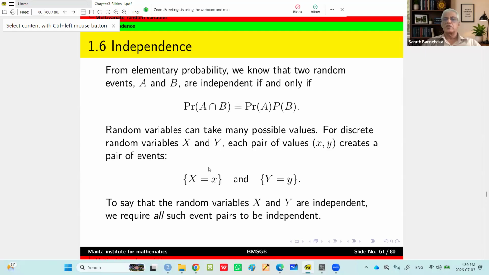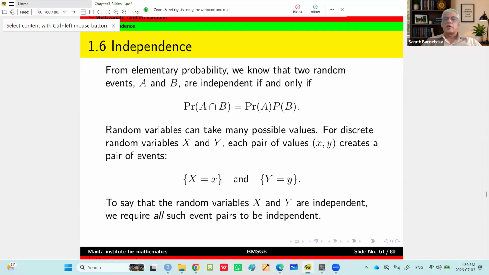This is equivalent to saying the two events A and B are independent if and only if the probability of the intersection of A and B is equal to the probability of A times the probability of B. That is another way to define the independence of two events.